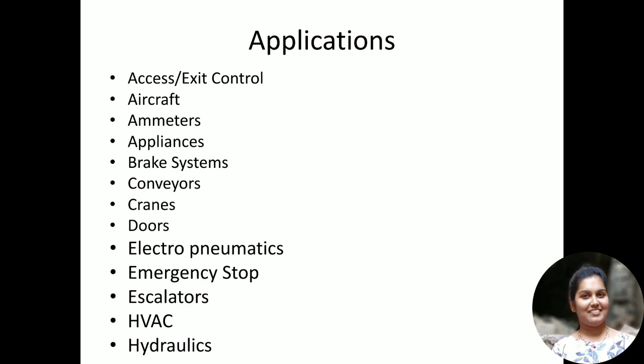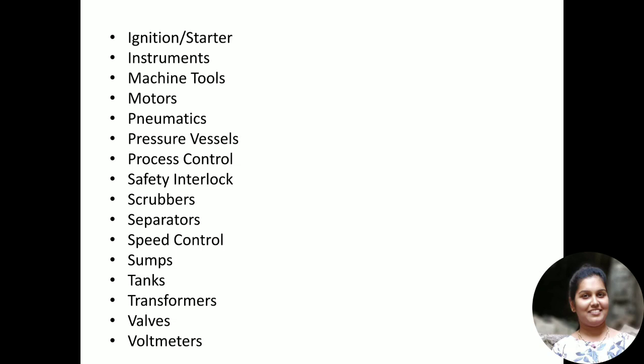Switches are of many types, and any one kind of switch can be used. And in braking systems, conveyor systems, cranes, doors, electropneumatics, emergency stopping systems, escalators, HVAC, high voltage alternating current, hydraulics, ignitions or starters in the automobile industry, either in bikes or cars.